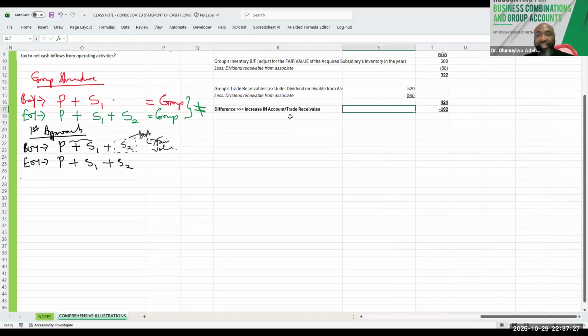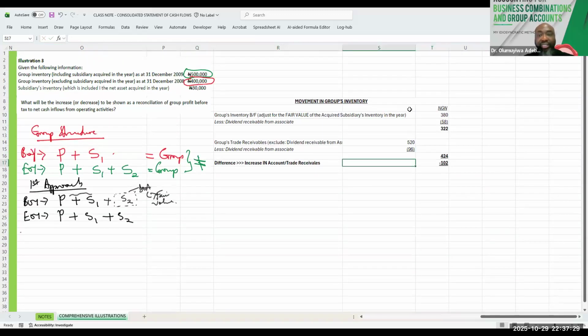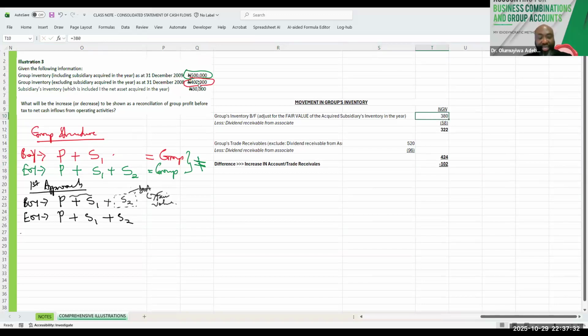If that is the case, the inventory brought forward was 400,000.